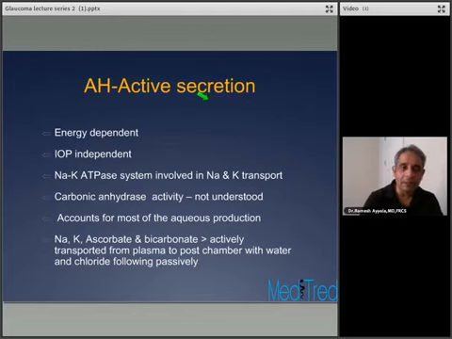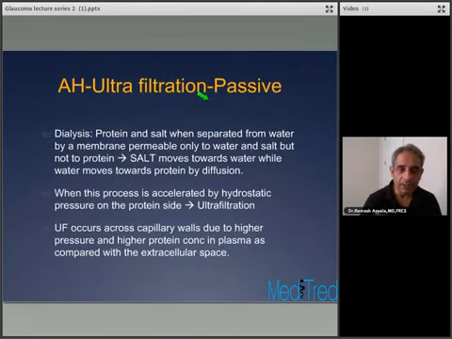I will summarize how this all works once I go through the different mechanisms and how we know that there is active secretion in the human eye. Let's go through the terminology first. Ultrafiltration is a passive technique. Ultrafiltration is slightly different from dialysis.